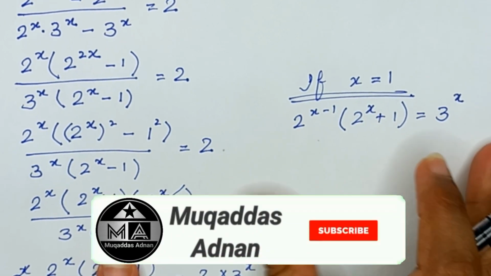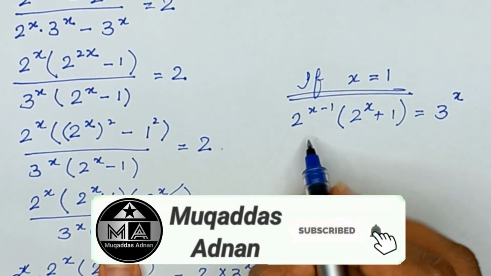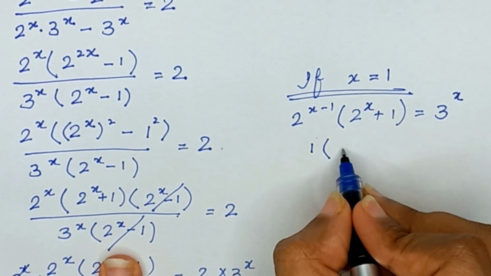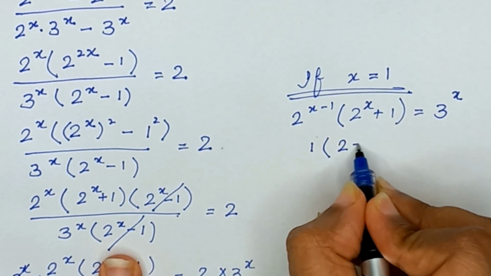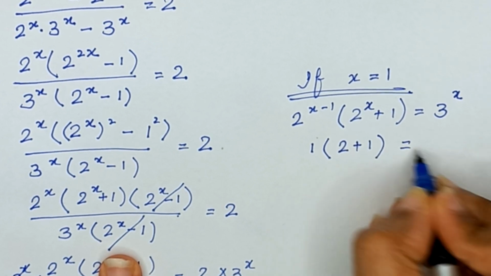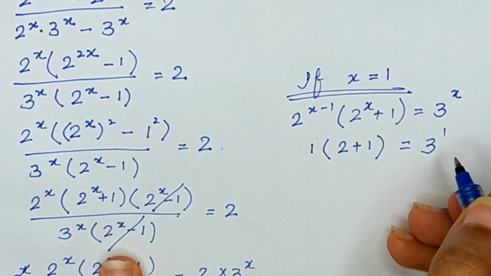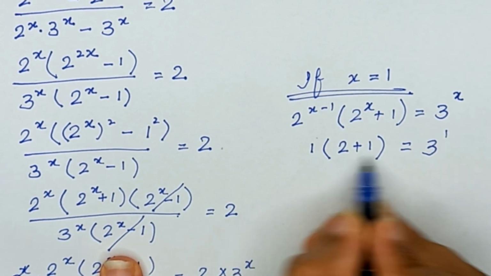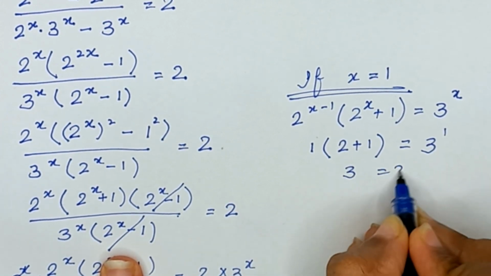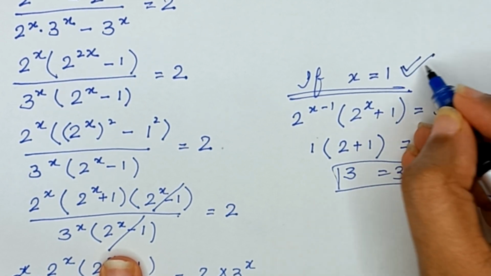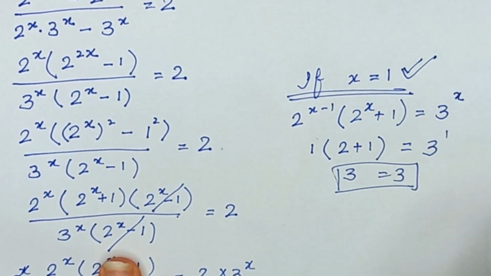If I substitute 1, it will become 2 raised to the power 0, which is 1, times 2 raised to the power 1, which is 2, plus 1, and it will be equal to 3 raised to the power 1, which is 3, and the left side is also 3. It means x equal to 1 is the solution for this equation.